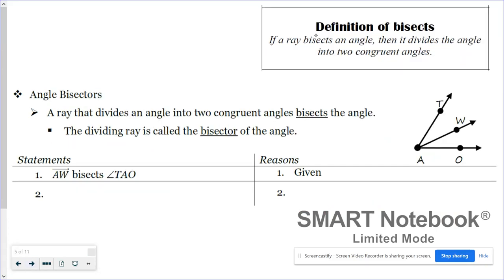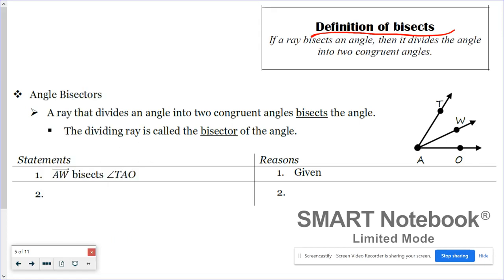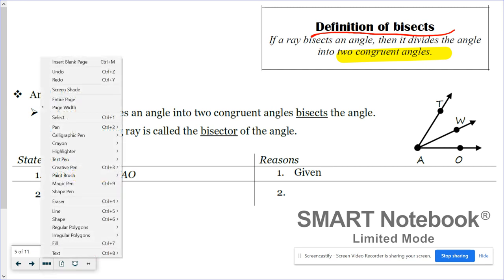So let's talk about definition of bisects, right? So when you are given that a ray bisects an angle, you can conclude via the definition that the angle has been divided into 2 congruent angles. So here we've been given that ray AW bisects angle TAO.